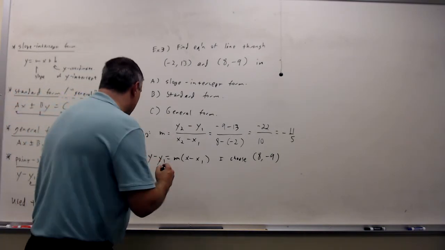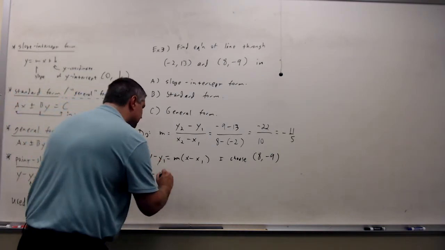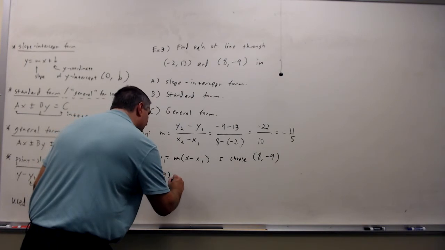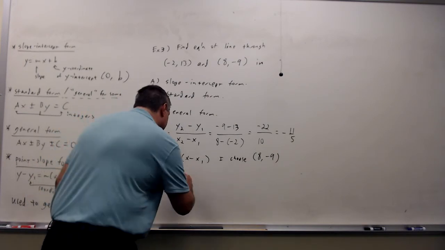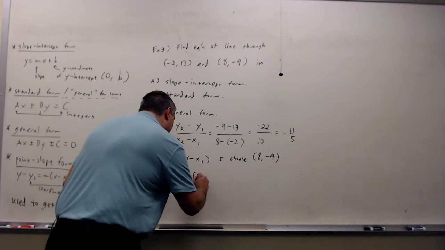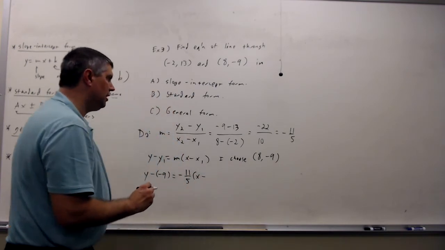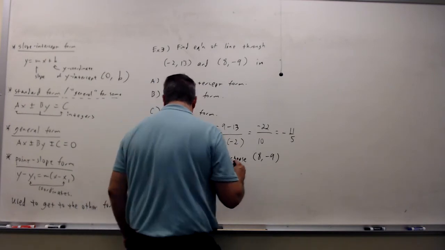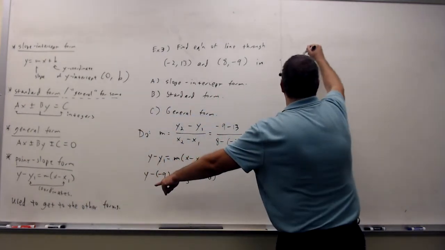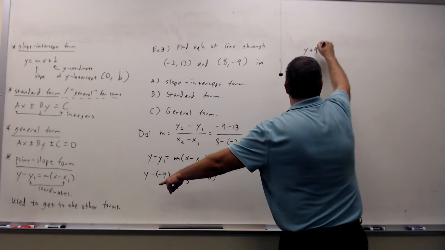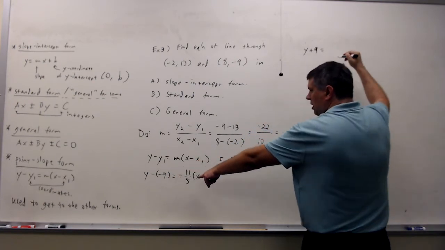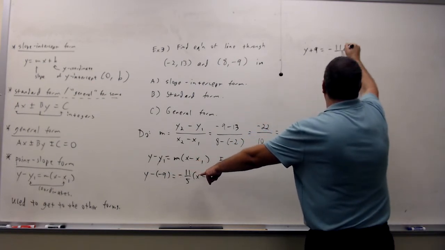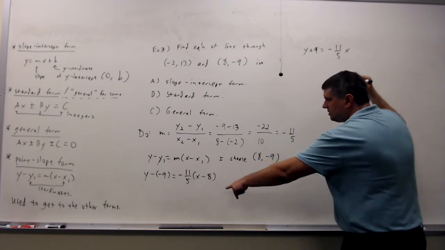So it'll be y minus -9 equals -11/5 times x minus 8. So that gives me y plus 9 equals -11/5 x.